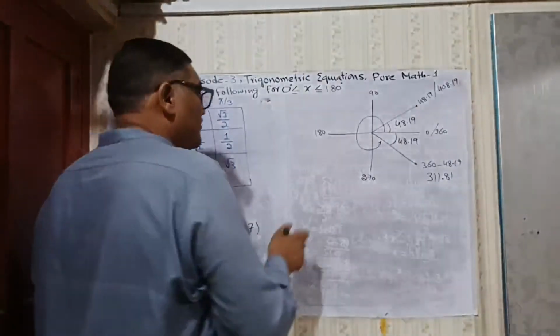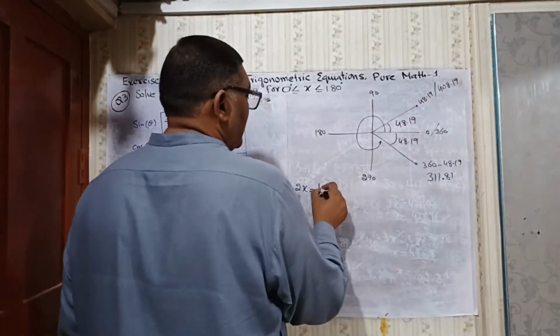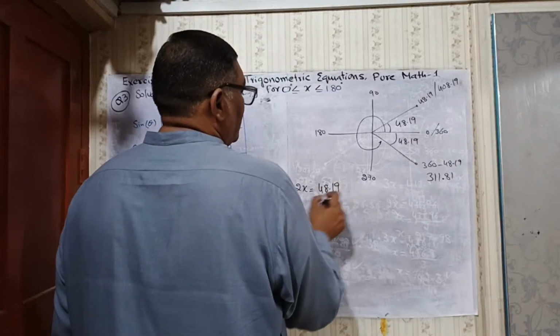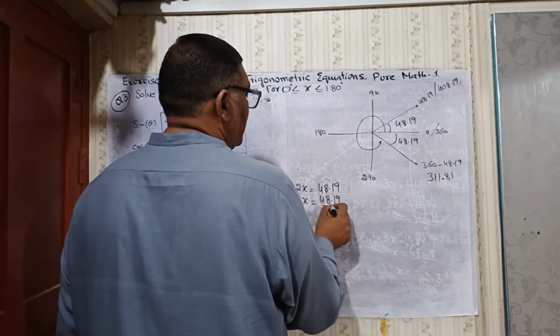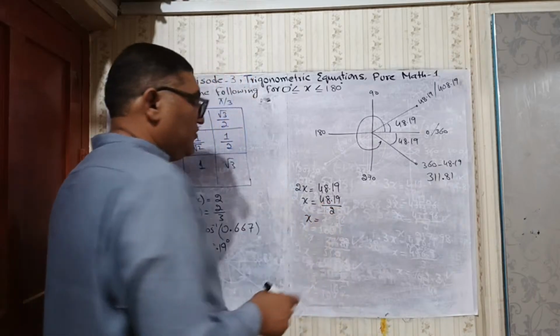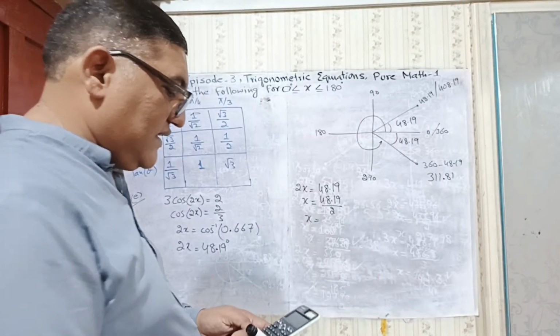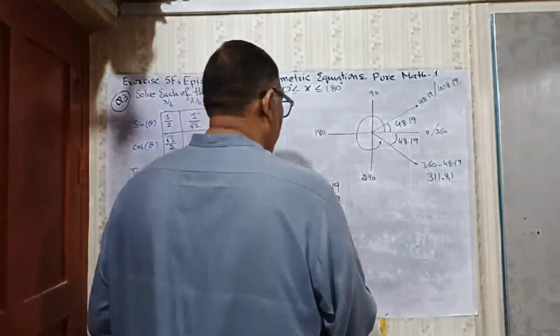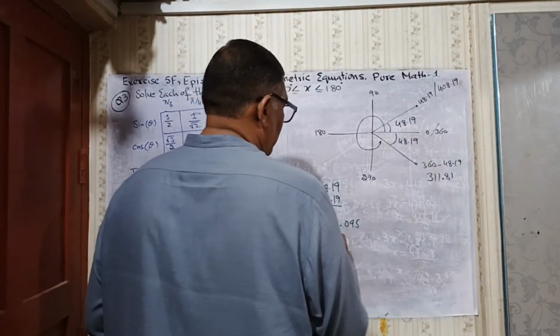So I can make 2x equal to 48.19 first of all. From here, I will get 48.19 divided by 2, which is 24.095 degrees.